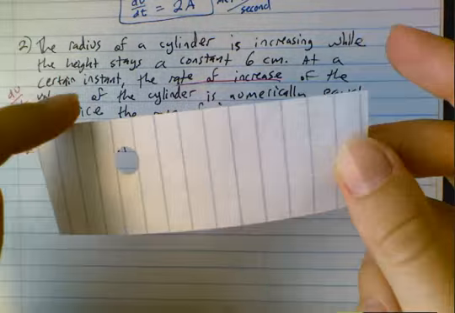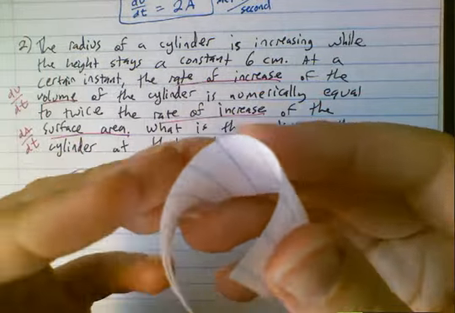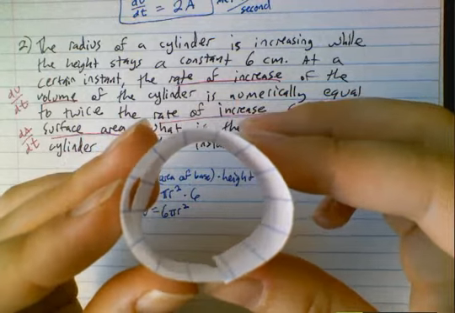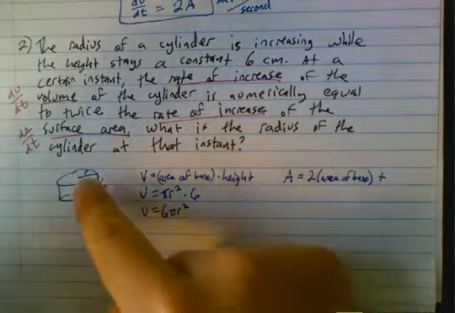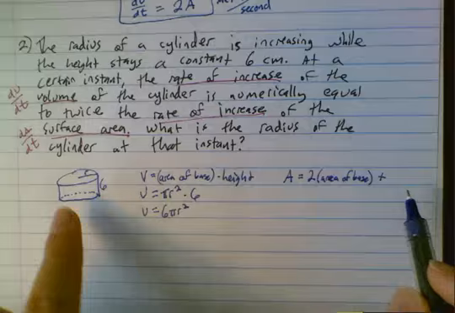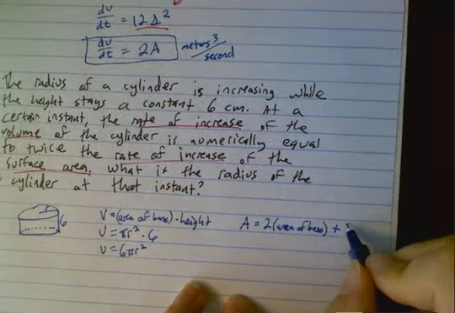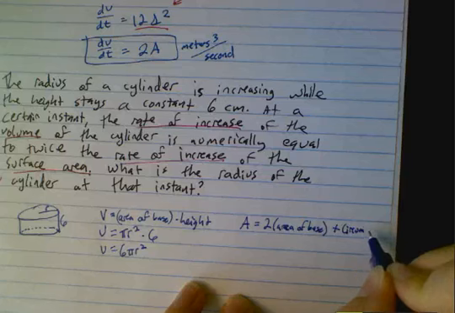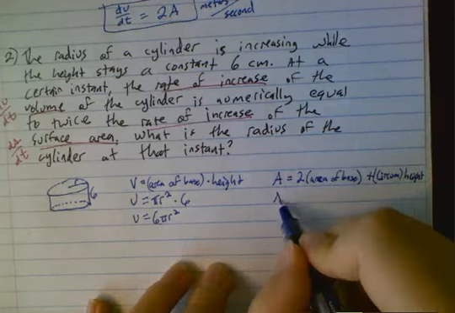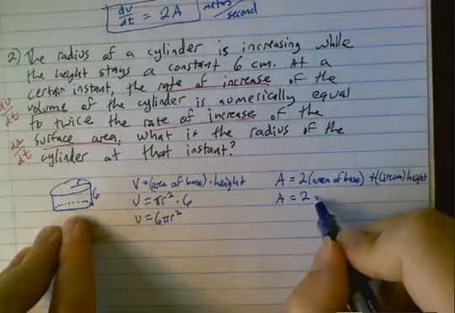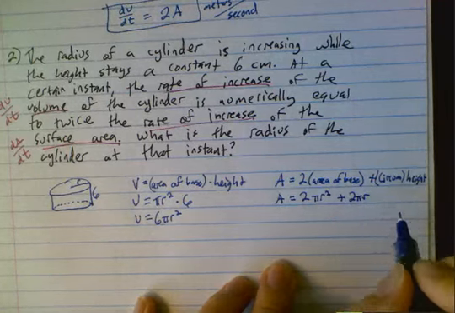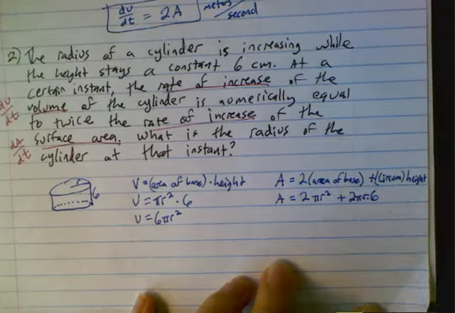And this top width, this distance, notice, is the circumference of that top circle. And this height is the same as the height here. So the circumference of the circle times height. So this is 2 times the area of the base, pi r squared, plus circumference, 2 pi r, times height, 6.